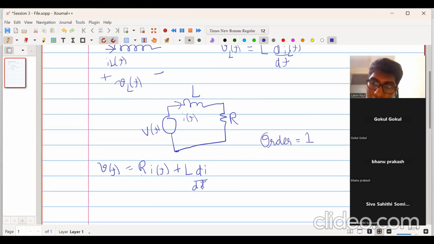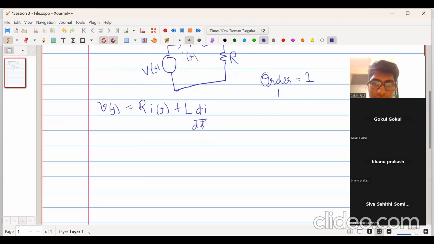And how many energy storing elements are there in this circuit? One, sir, the inductor. Because there is only a single energy storing element, the order of the differential equation is 1.